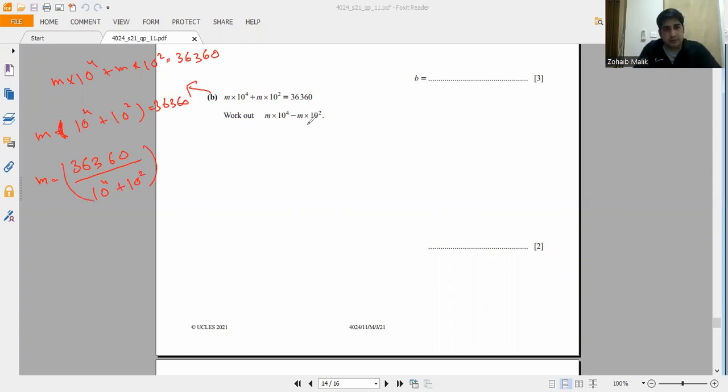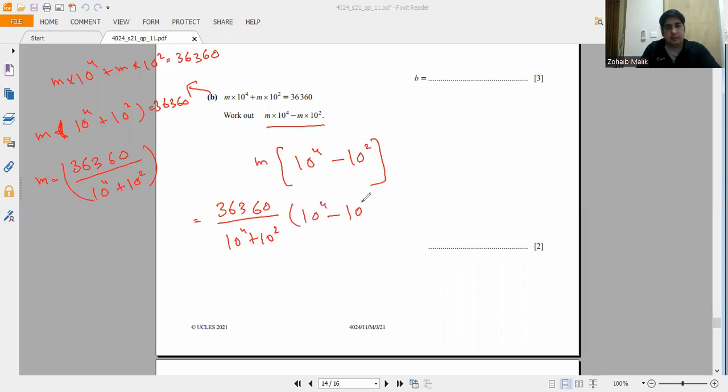Because I need to find this one, I simplify it too: taking m common, we are left with 10 power 4 minus 10 square. I put the value of m here, so we have 36360 over 10 power 4 plus 10 power 2, into 10 power 4 minus 10 square.